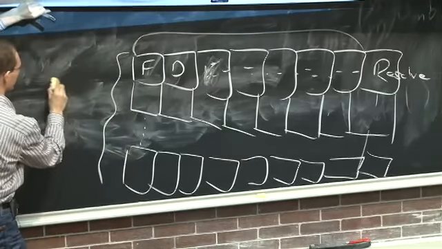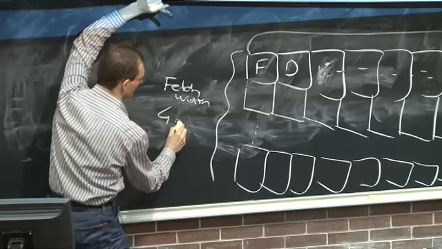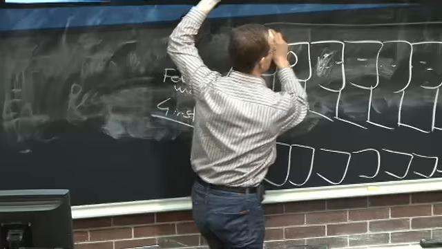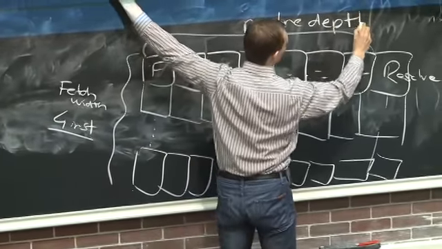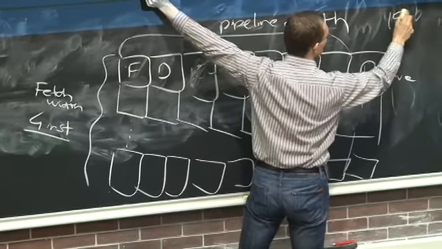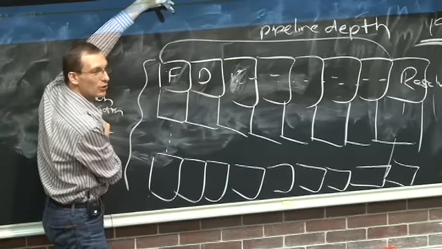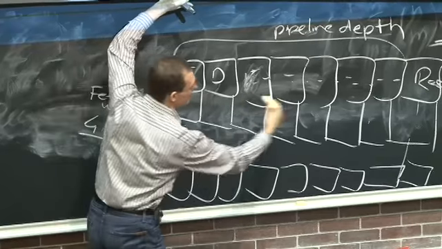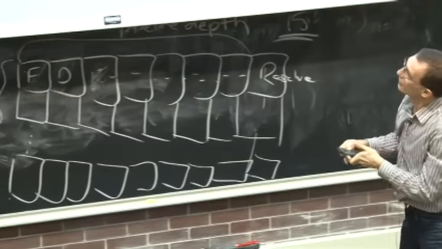If this is your fetch width, and a good fetch width today is 4 instructions per cycle, for example. A lot of Intel processors can fetch 4 instructions per cycle. And this is your pipeline depth, and a good one may be, let's say, 15 or 20. You're really wasting 15 times 4, 60 instructions, right? On this prediction. As your pipeline depth increases and fetch width increases, you're wasting more. So you're really wasting n times issue width, if you will, instruction slots.